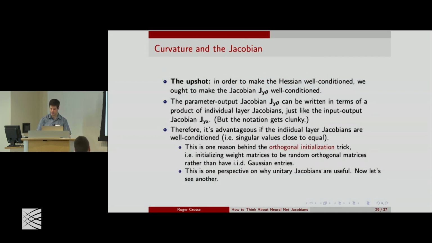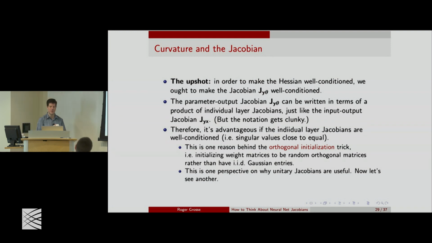And so the upshot is that if we'd like to make the Hessian well-conditioned, then we want to make the Jacobian well-conditioned. So that's the Jacobian of the outputs with respect to the parameters of the model. And it turns out that that Jacobian can also be written in terms of Jacobians of individual layers.